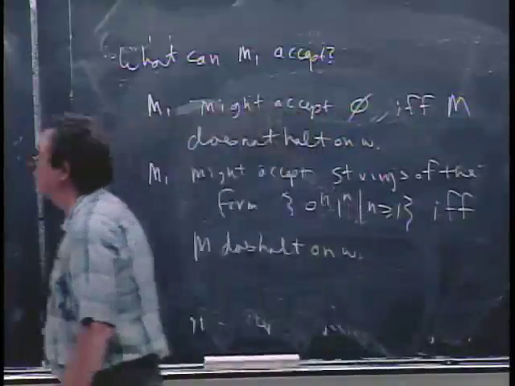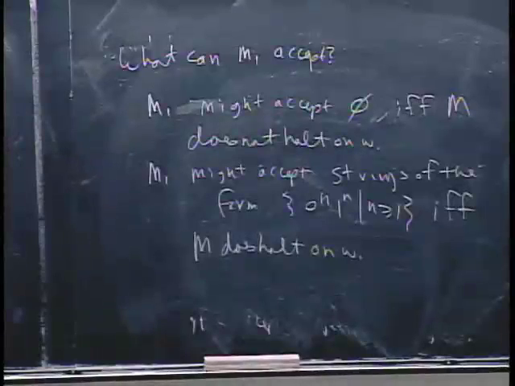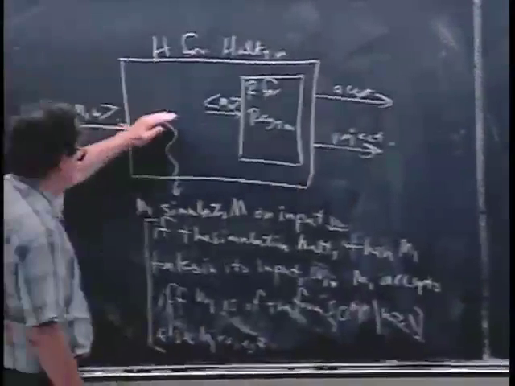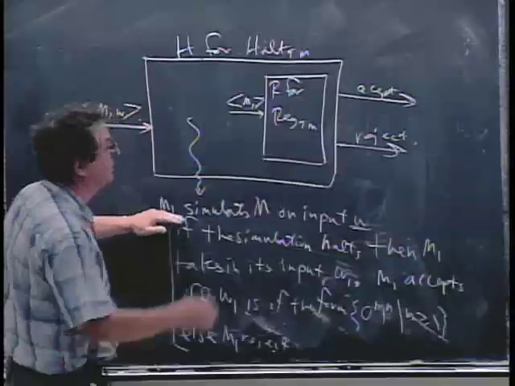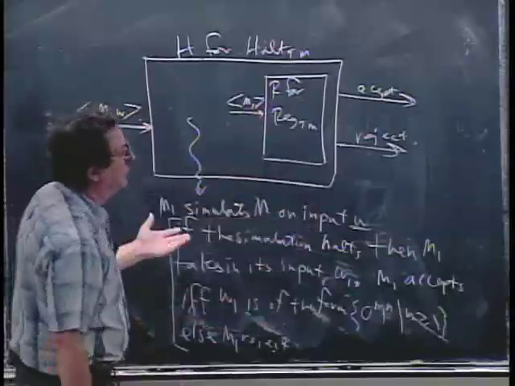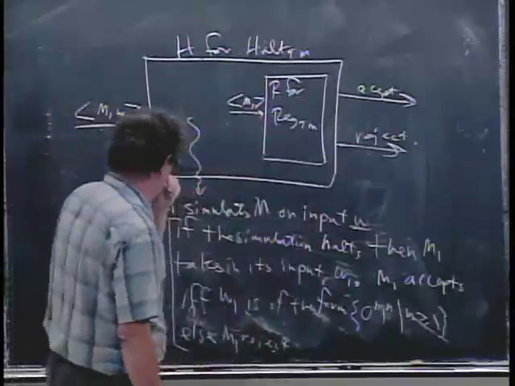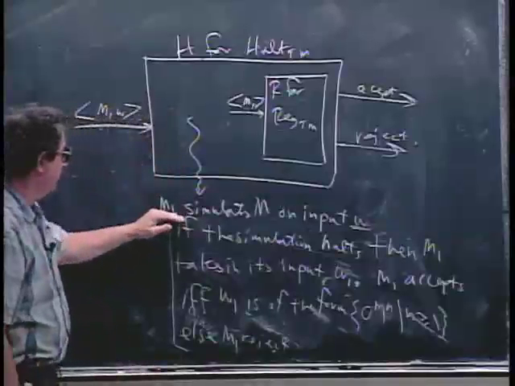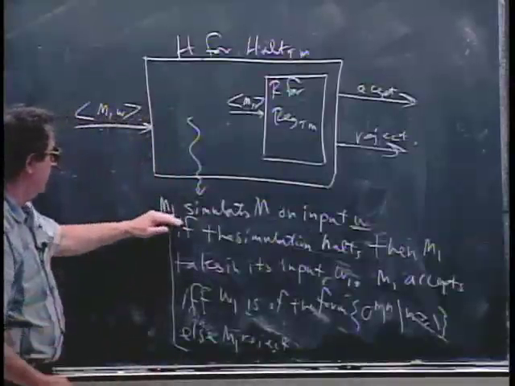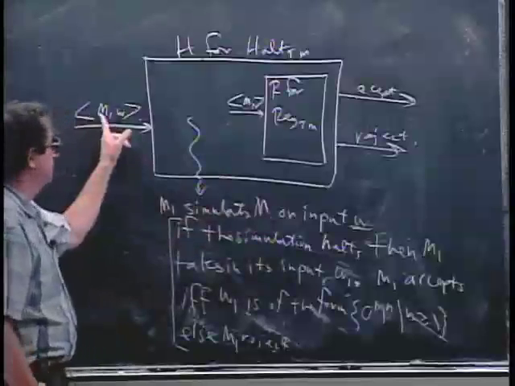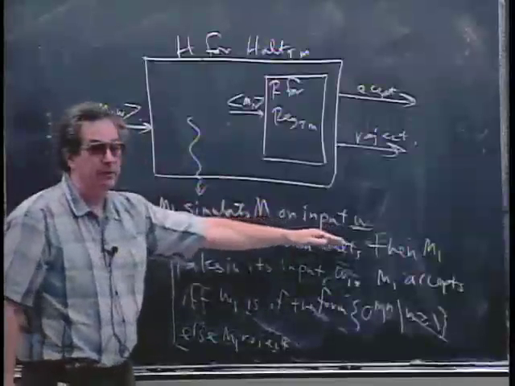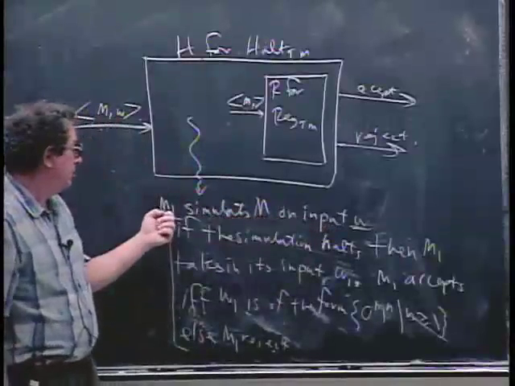Okay, so we're describing what we want H to do. H creates an M1 that does that. Now, certainly we can describe M1. M1 simulates M on input W. We know how a simulator works.